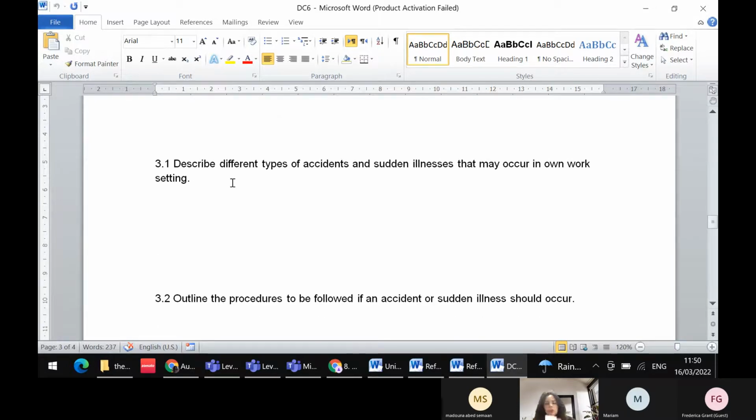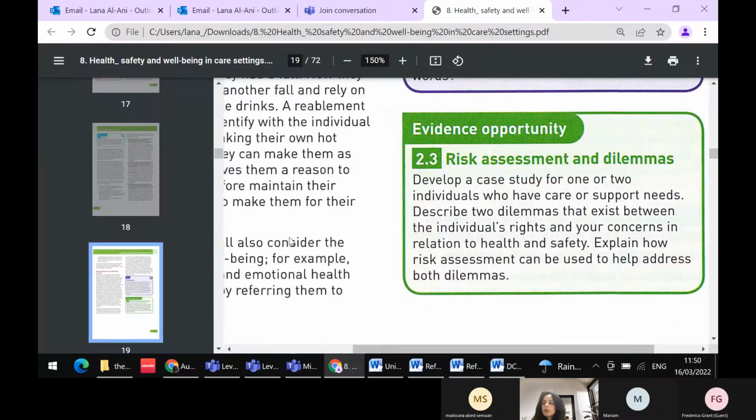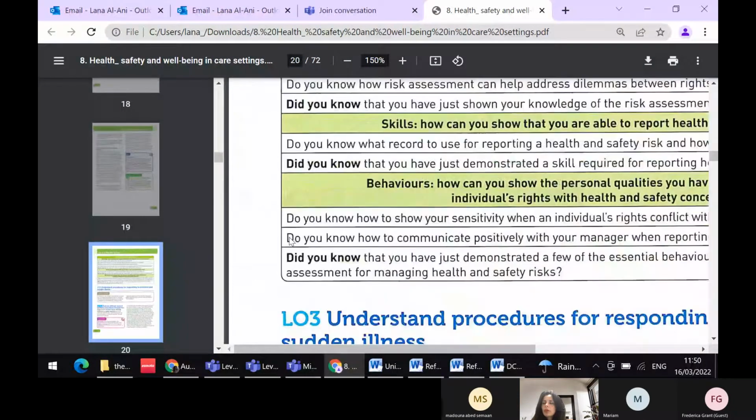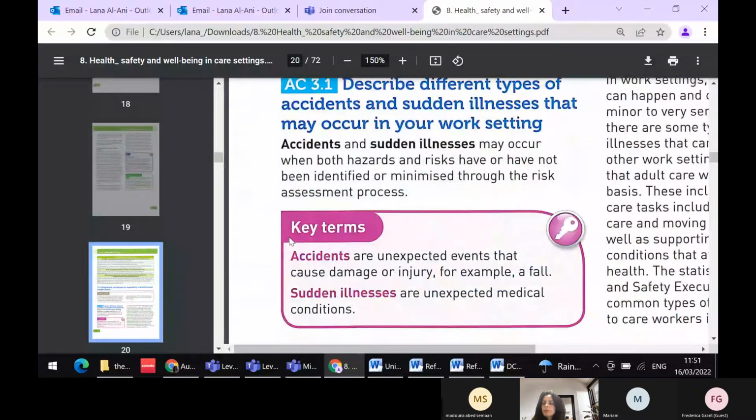Now, 3.1, describe different types of accident and sudden illness that may occur in a work setting. So if I go to 3.1, what are the different types of accident that could happen?